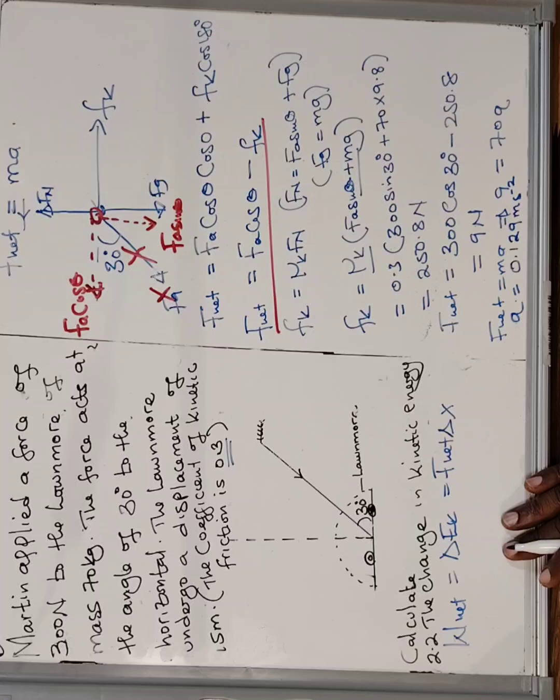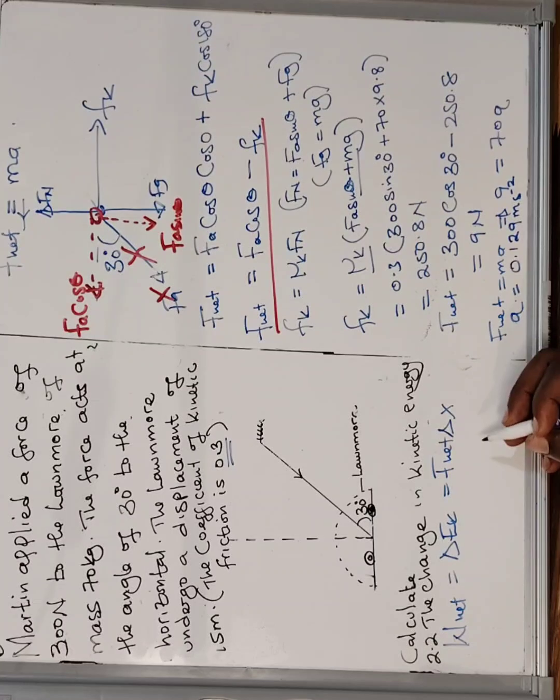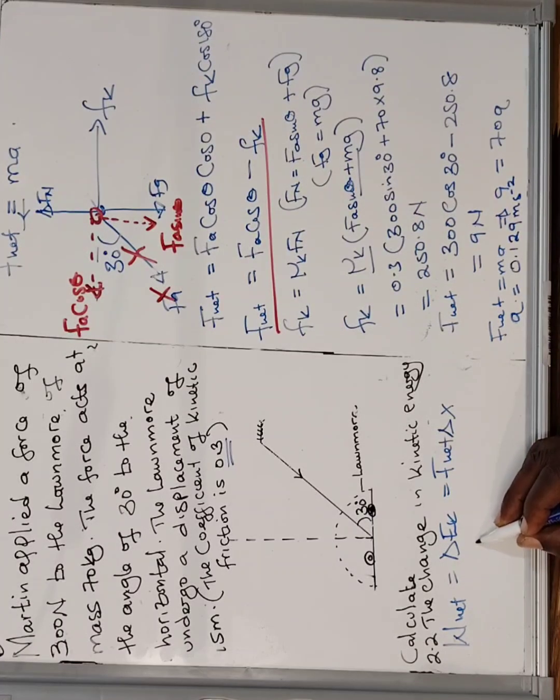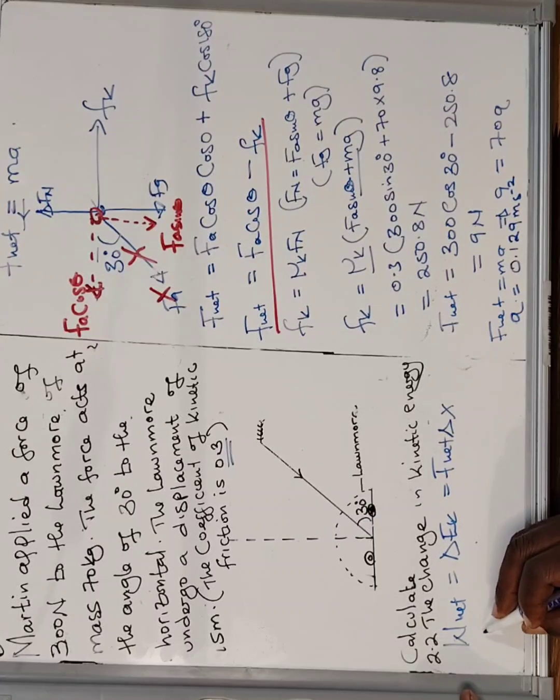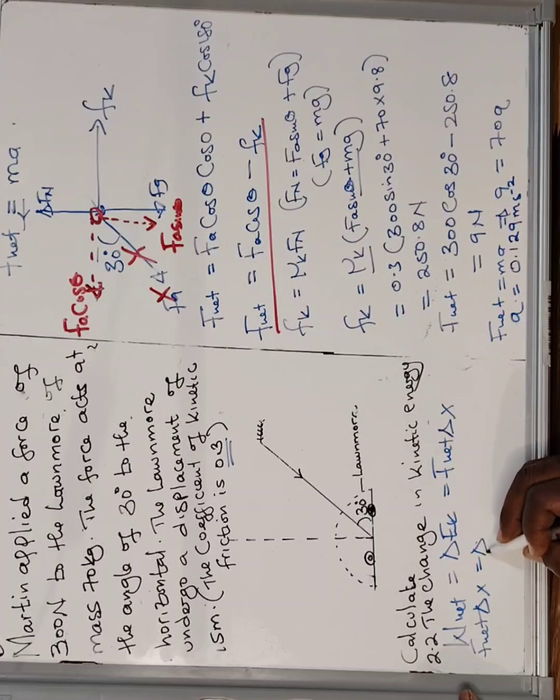So if our F net is known, what are we going to do? We write the expression and say F net delta x is equal to delta Ek. From here, what do we know? We can see that we know our F net or net force.